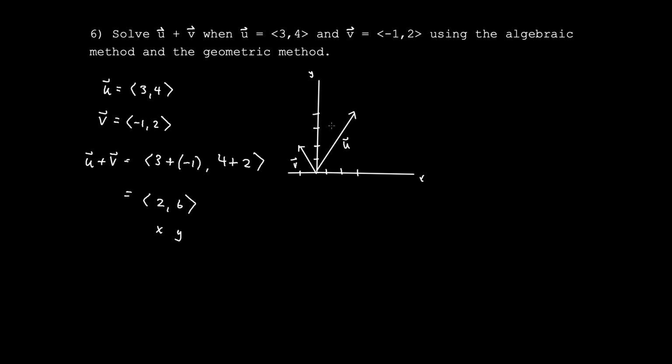Because these vectors are from the origin already, we can use the parallelogram method, or we can use the head-to-tail method to add these vectors. The parallelogram method would be easier in this case, just because the vectors are already pointing out of the origin. So we can just draw lines connecting these vectors together. This dotted line represents the translation of vector u over to vector v.